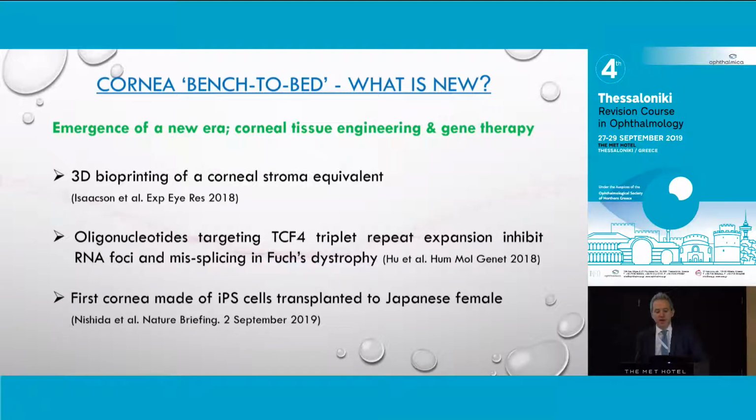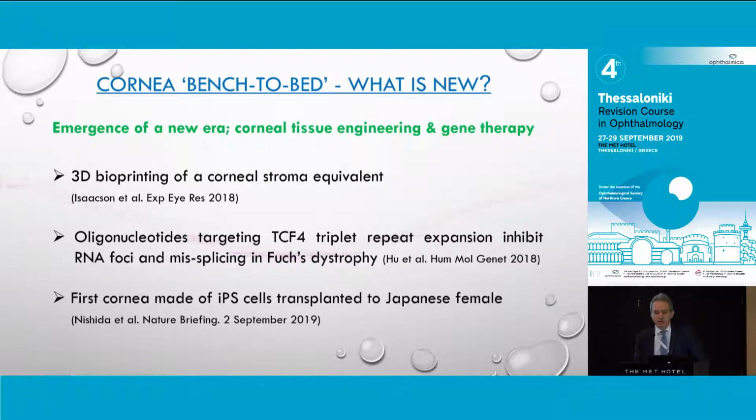So there's been major research in two directions. One major approach is to try to gene edit this triplet repeat by using sophisticated techniques such as CRISPR. By doing that, we can excise this triplet expansion and therefore reduce the induced toxicity of the TCF4 gene. The other approach is what this group, Hu et al., have shown in the lab, not in patients.